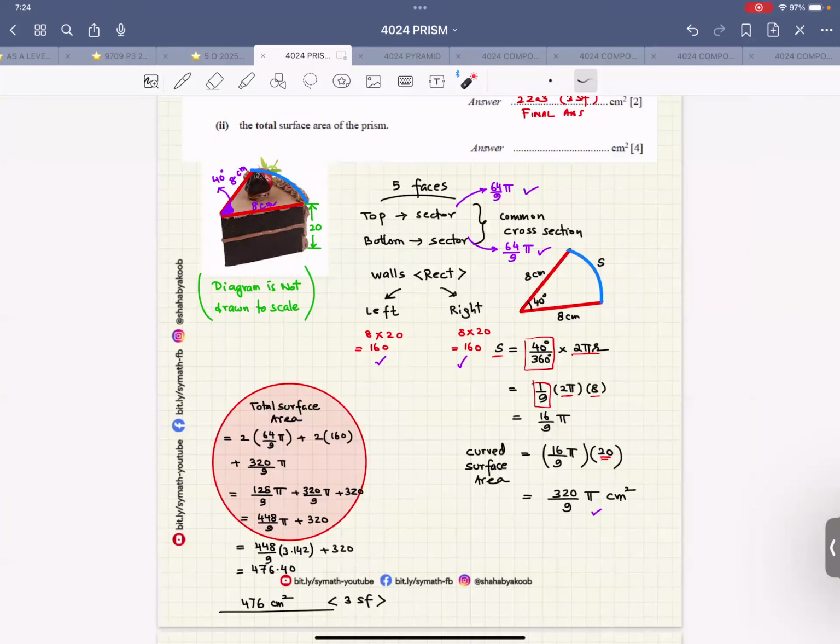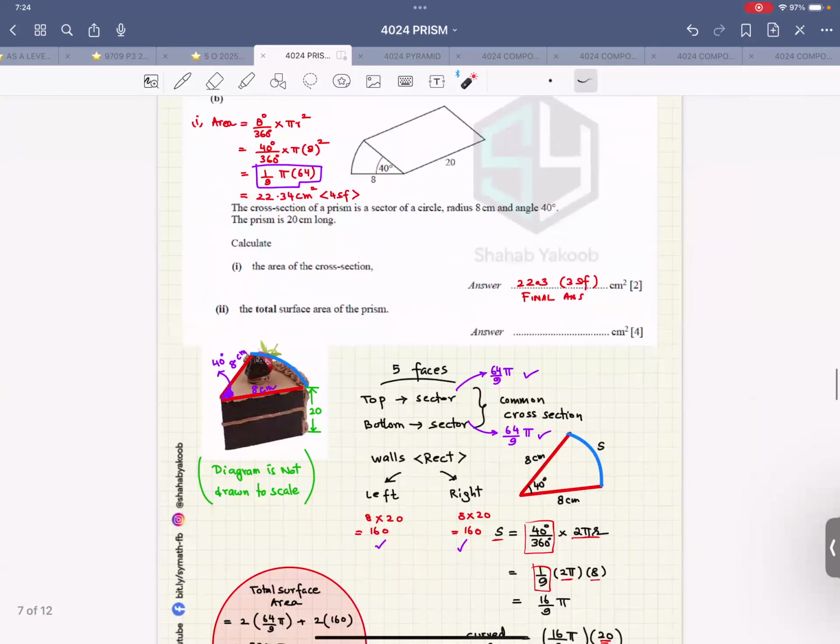And let me just write this, that is this prism thing. This is mensuration part 2, that is the lecture. And we are talking about prism. We are talking about this cake slice question. Is this all good, all clear?